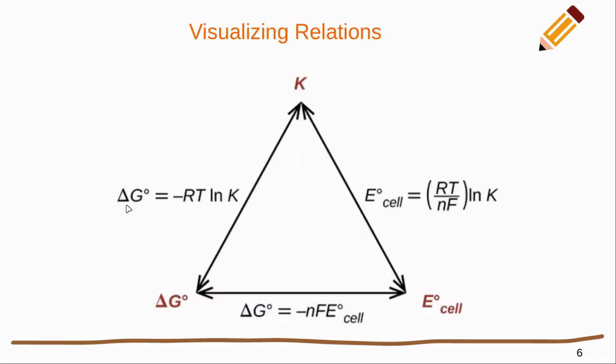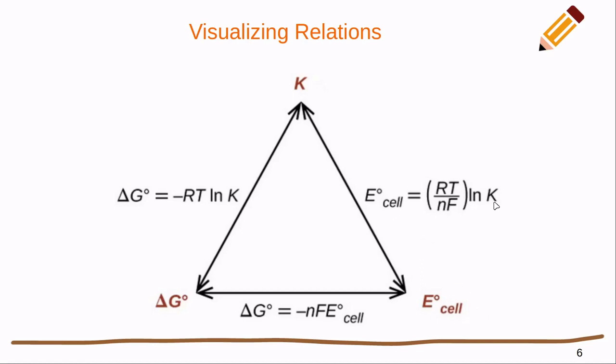I really like this graphic. I think that it's very useful because this is getting to be a bit complicated at this point. Basically, we can relate delta G, K, and E cell now. So depending on which one you have and which one you want, you have the equation that you need to use to be able to do that. So say I know K and I want to go to E cell.